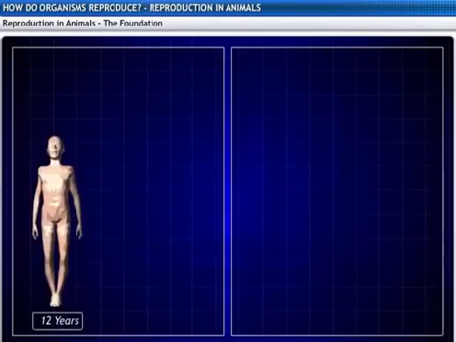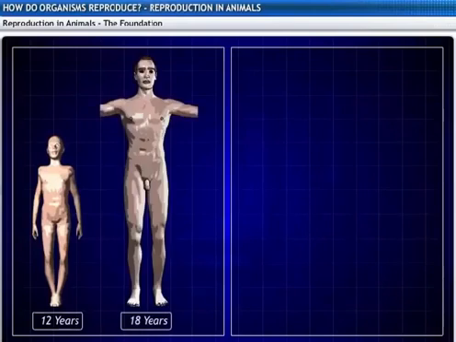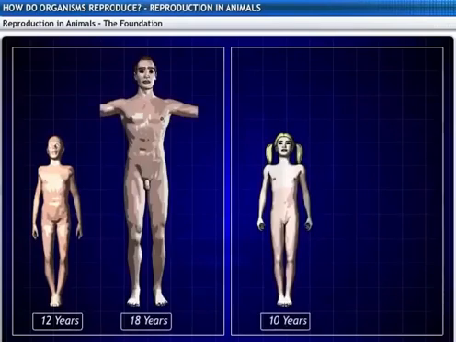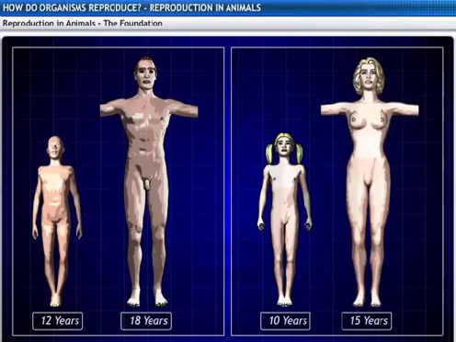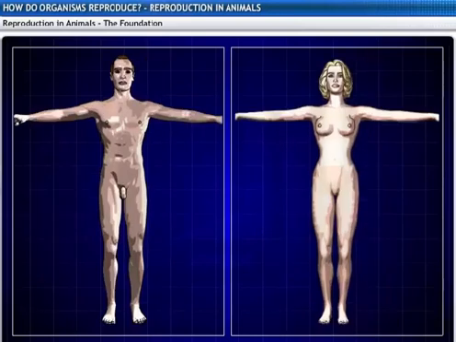All these changes take place slowly, over a period of months and years. The time taken for these changes to occur differs from person to person. These changes are aspects of the sexual maturity of the body.